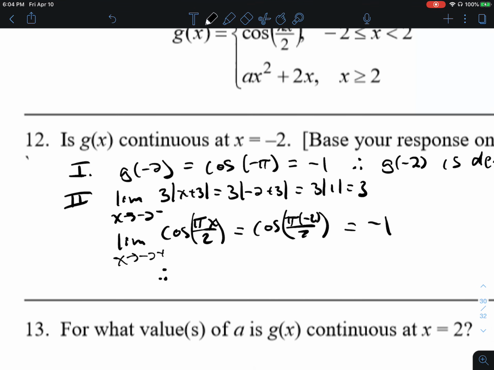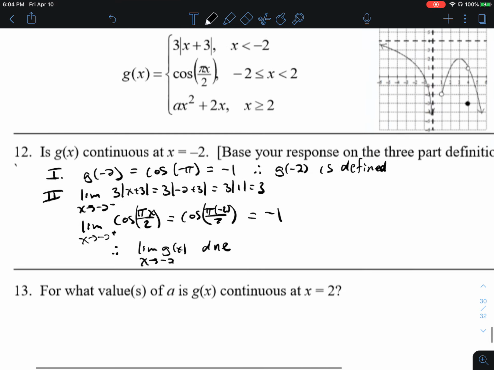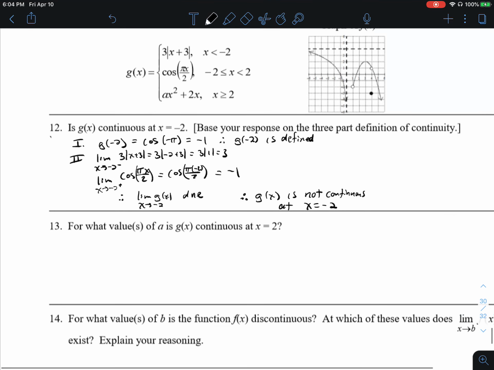So therefore, the limit of g of x as x approaches negative 2 does not exist. Therefore, g of x is not continuous at x equals negative 2.